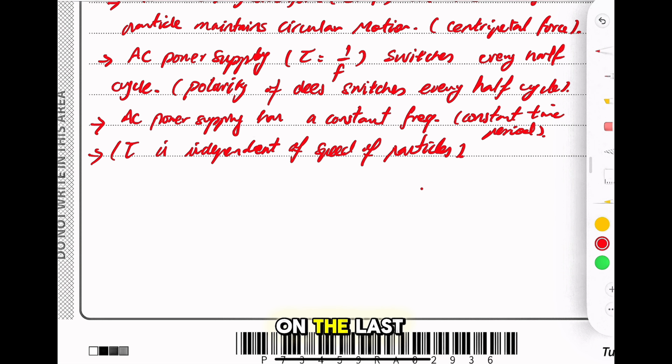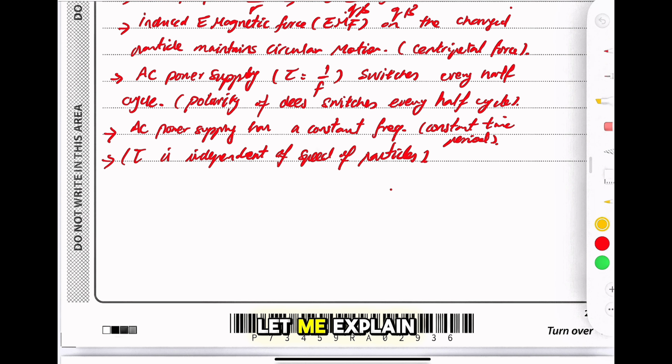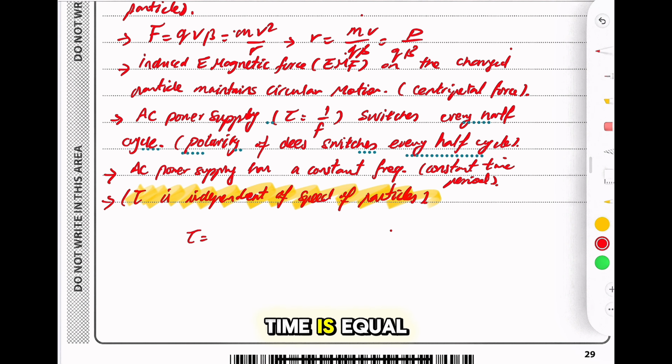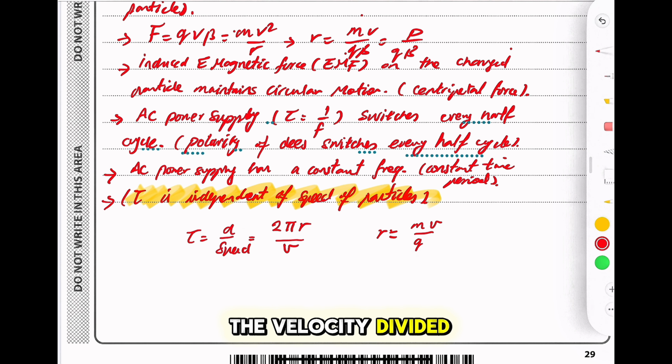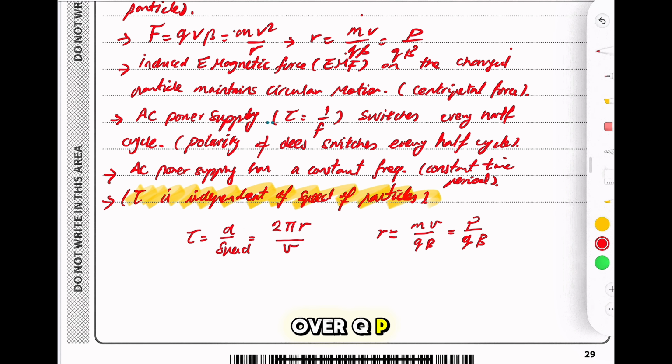Could you focus on the last point? What does it mean? Because some students cannot understand what is going on here. Let me explain the concept. Time is equal to distance over speed. Distance, which is the circumference of the circular path, 2 pi r, divided by the speed v. I know the radius of curvature is mass times velocity divided by qB, which is momentum over qB.